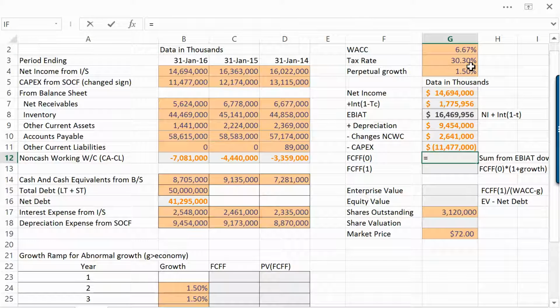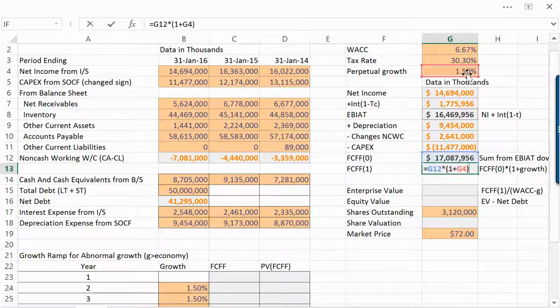And if I sum up the earnings before interest and after tax and those three adjustments, I got $17,087,000 as free cash flows, and we'll assume that period just ended. And then I'm going to assume that cash flows grow at 1.5% forever, just a simplifying assumption for now. So we'll take 17 billion times 1 plus my perpetual growth rate.